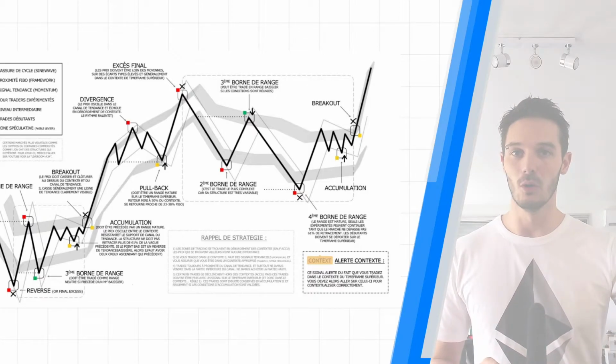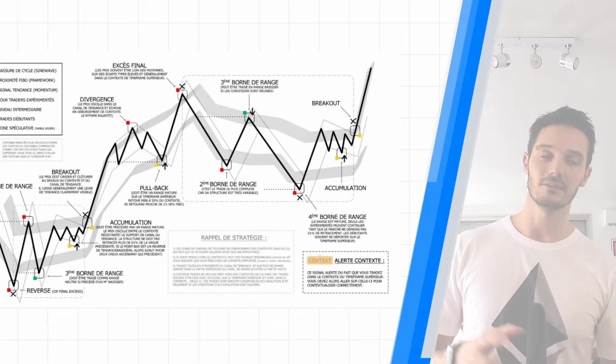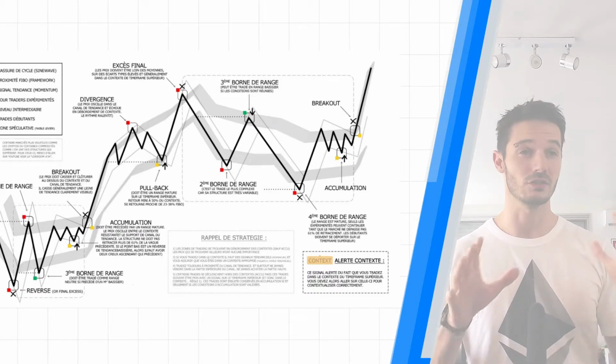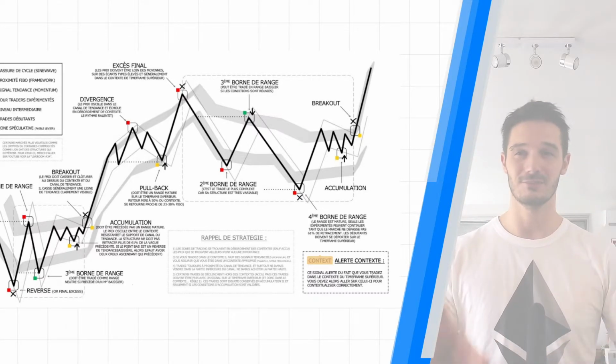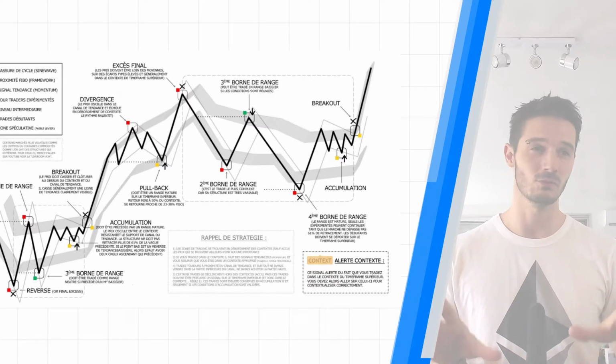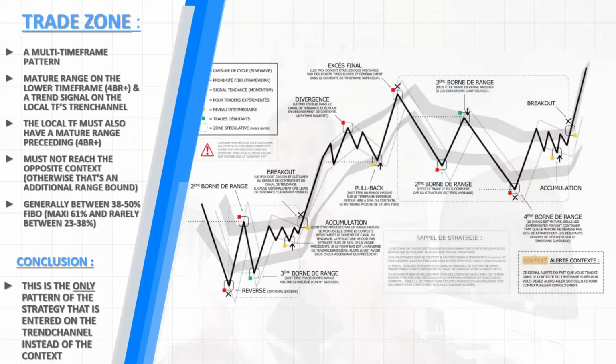If the lower time frame's fourth range boundary is built between the 38 to 50% Fibonacci level area, which is a cluster, it can go down to 61% in some specific cases, but a bare minimum 23 in any way. There's no accumulation that retraces less than 23%. Okay? Absolutely necessary that you understand that. This must happen without reaching the opposite context. Okay? Absolutely necessary.